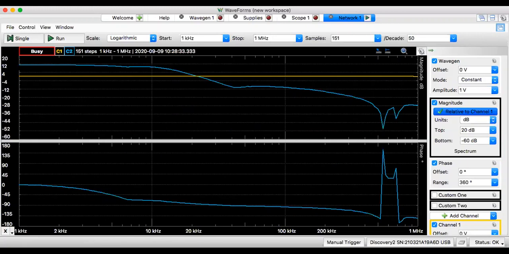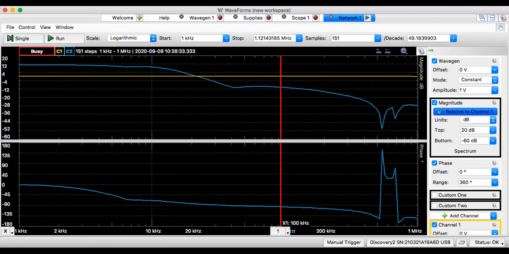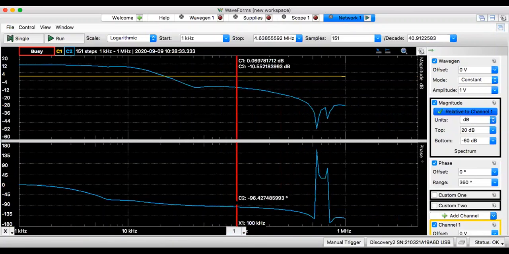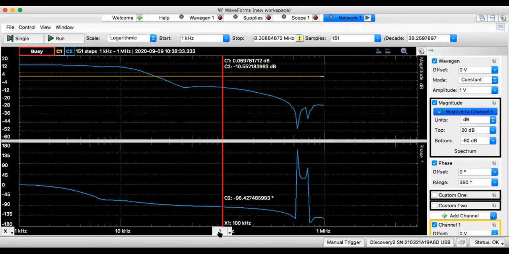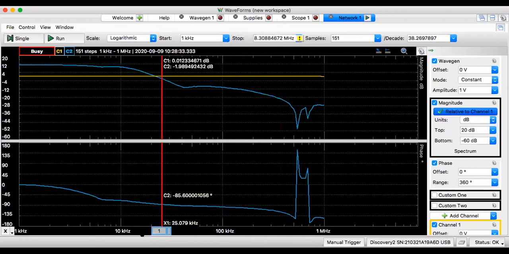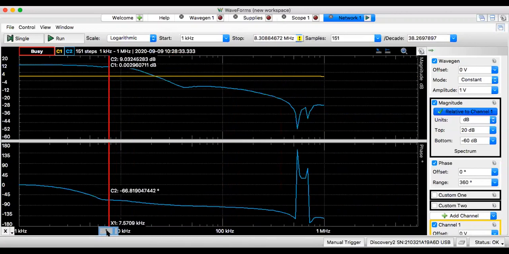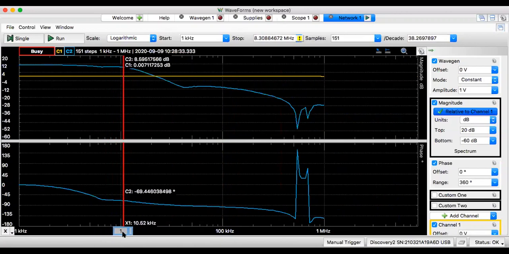So for low frequency signals, what is the bandwidth of this amplifier? We use negative 3 dB as the indicator. So let's move this marker right. Negative 3 dB is an important concept. Right now we are pointing at negative 3 decibels.